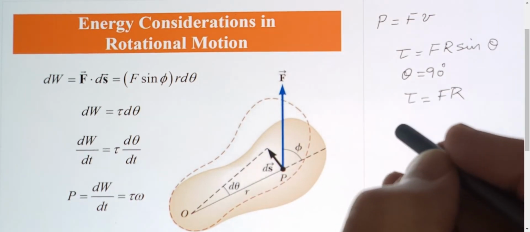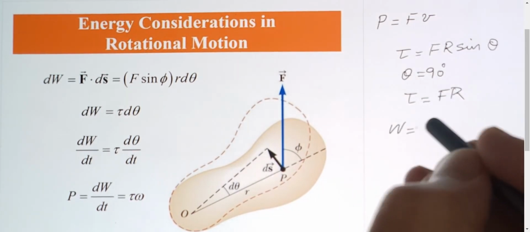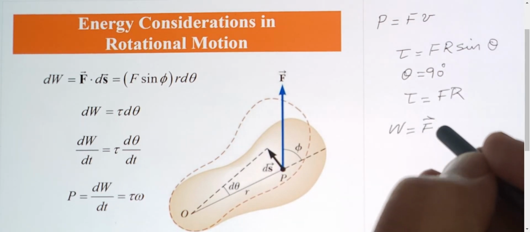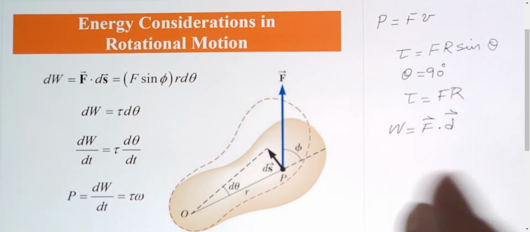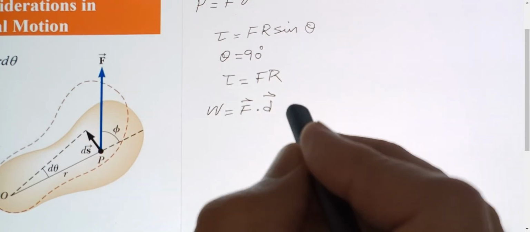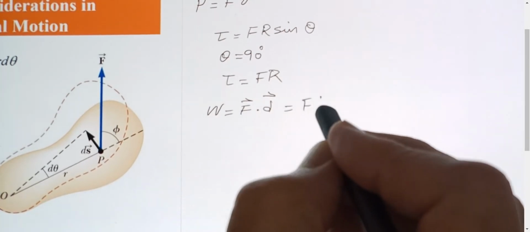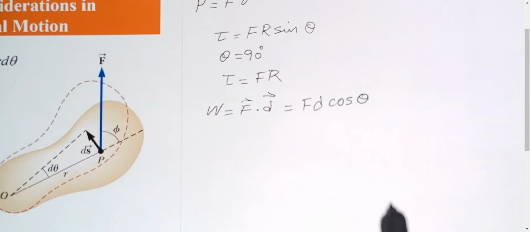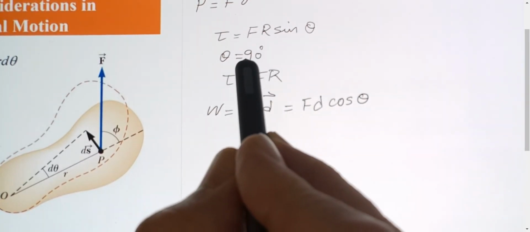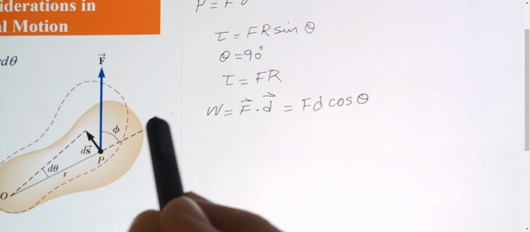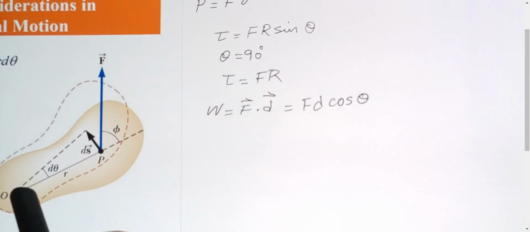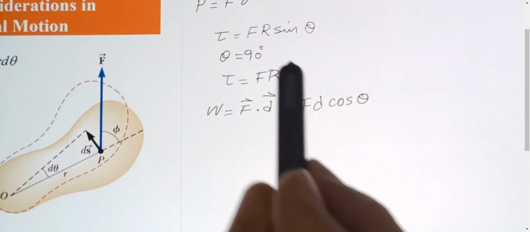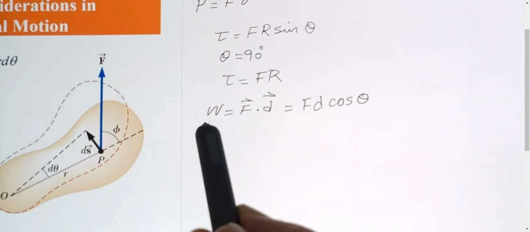So what is work? How did we define work? It's F dot D, and that is F D cosine theta. So when the angle between the force and R is 90 degrees, that means there is no work done by the force on the object.